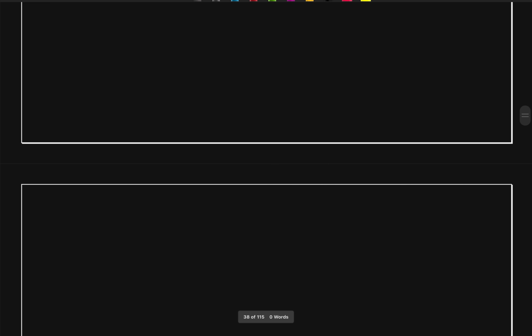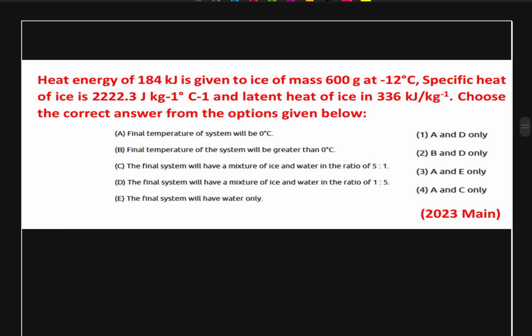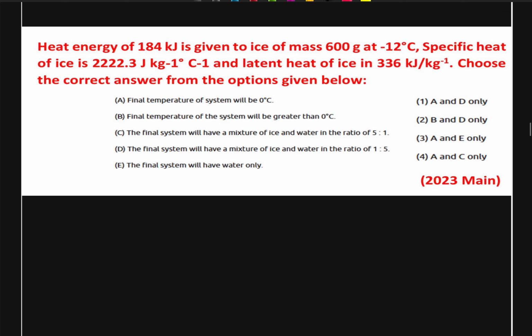Next question. It states that heat energy of 180 kilojoule is given to ice of mass 600 gram at minus 12 degree centigrade.